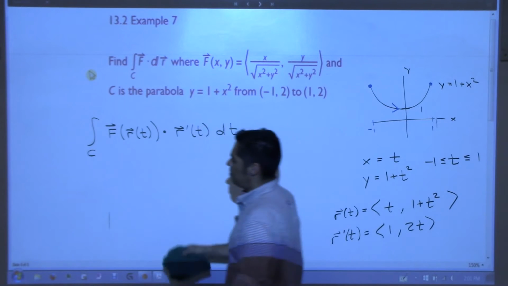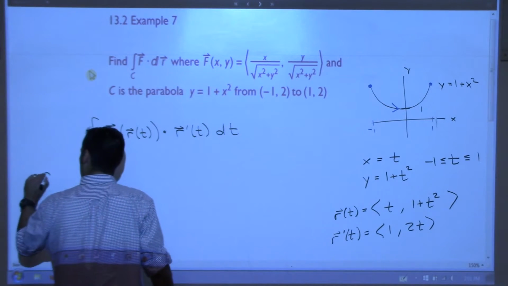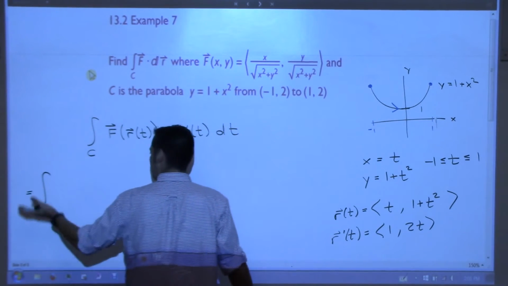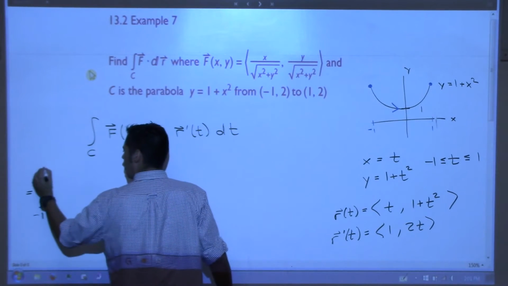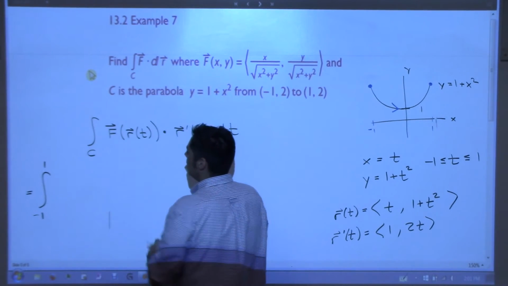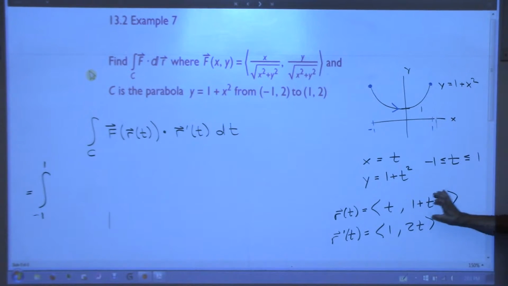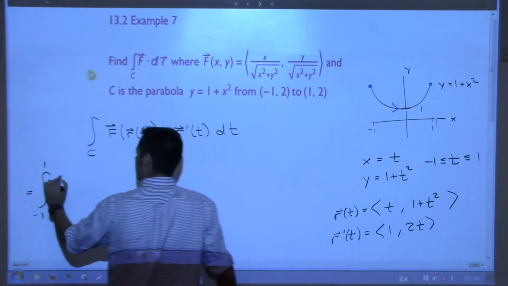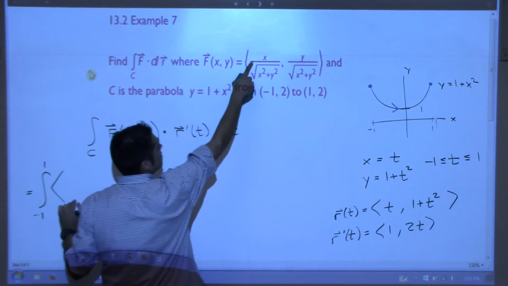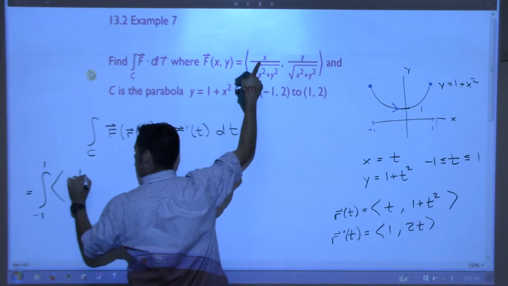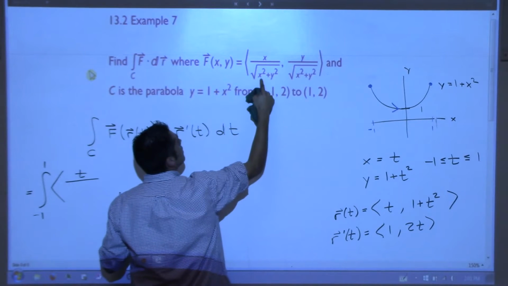So this becomes integral from where to where? -1 to 1 of the field evaluated on the curve, which means I need to take my curve components, replace the x in my field with t, replace my y with 1 plus t squared into the field. Leave it as a vector though, right? So this will become x, which is t, over this.